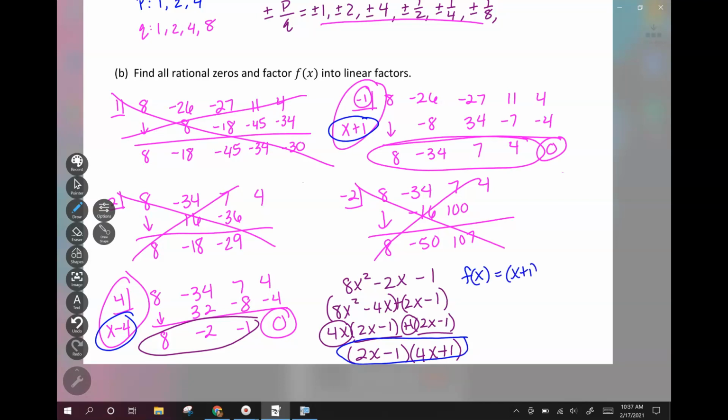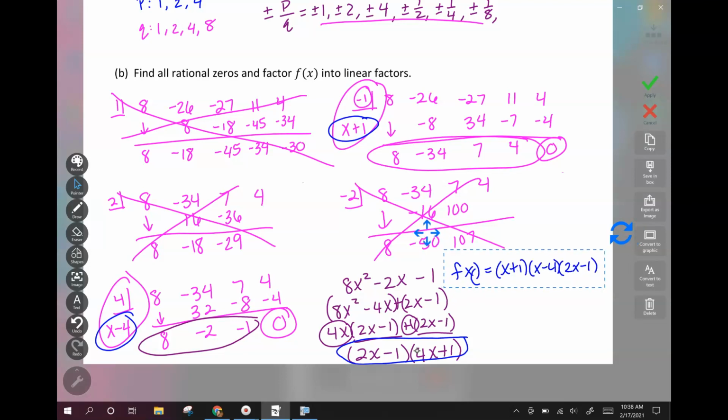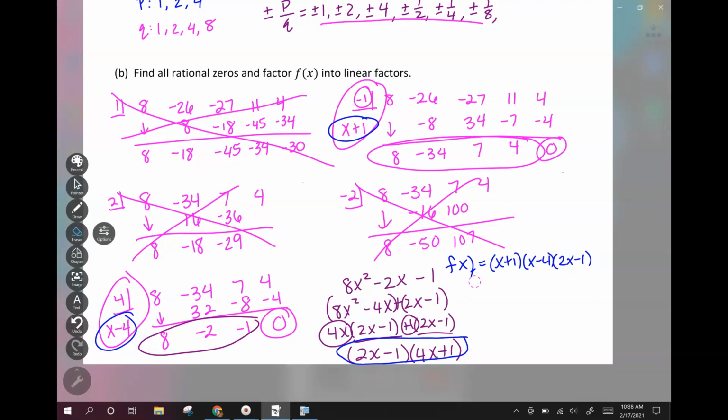So that's x plus 1, x minus 4, 2x minus 1, and then I'm out of space. Still out of space, 4x plus 1. Okay, so that is my linear factorization. I have factored that polynomial completely, and all of my factors are linear, meaning there's no x squared or x cubed in any of my factors.